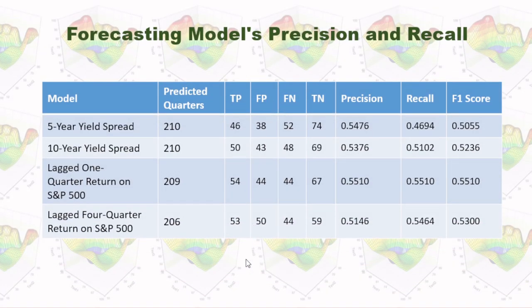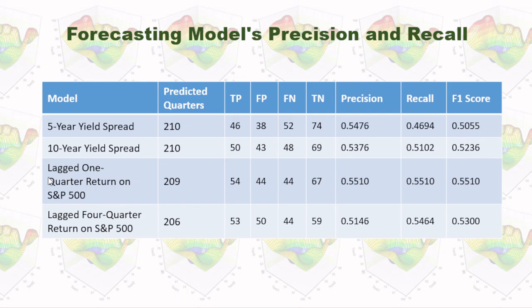In this model, for the 5-year yield spread and 10-year yield spread, we got 0.5055 and 0.5236 respectively.